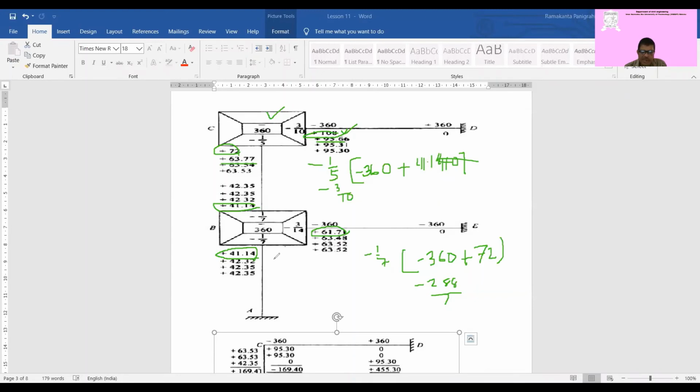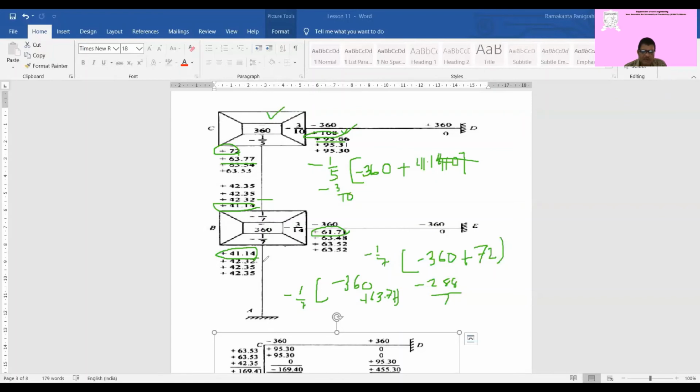Now come to the second cycle here, what will the value be? It will be minus 1 by 7 and then minus 360. Then the far end contribution, right? The far end contribution will come in the second cycle, plus 63.77. So plus 63.77. So the value will be slightly increased now. Earlier it was 72. Now it will increase. You see it increases to 43.